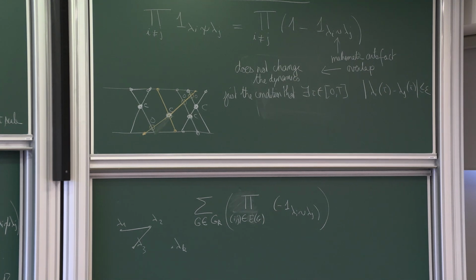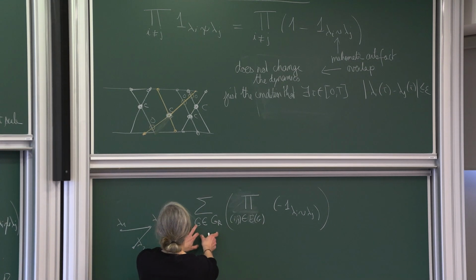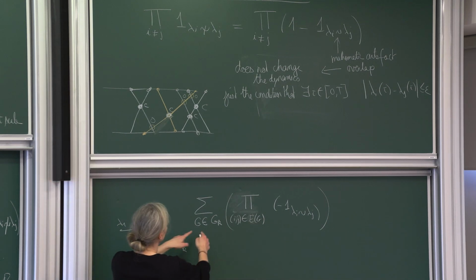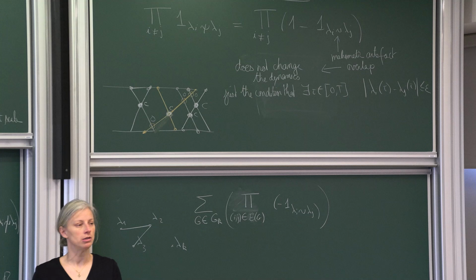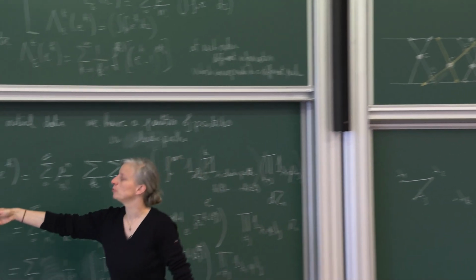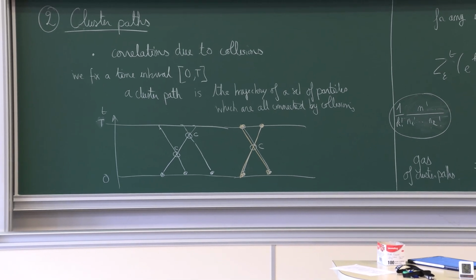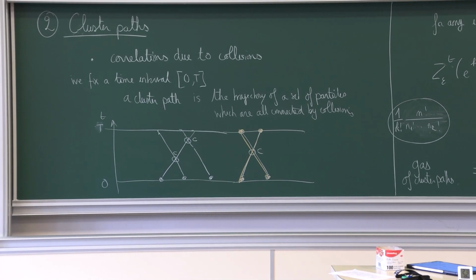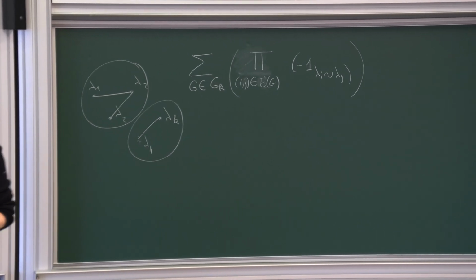Okay, but then I can once again plug this in, and I will do something which is very similar to here. I will decompose this graph in connected components. So that's exactly the equivalent of this partition here. Now I just look at a partition of my set of particles, my set of cluster paths, in connected components.